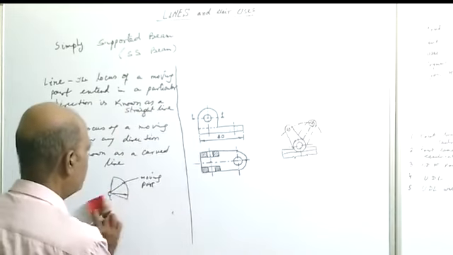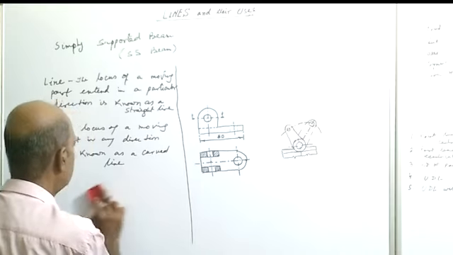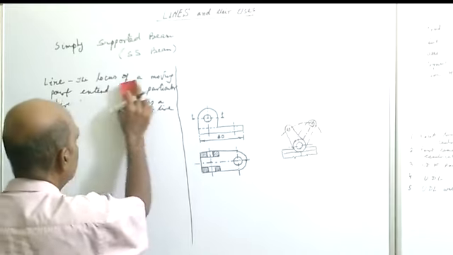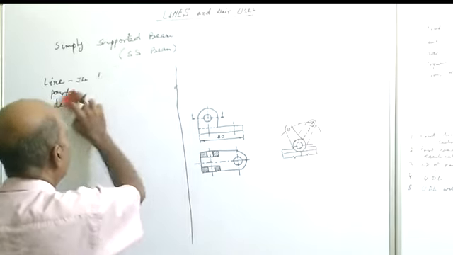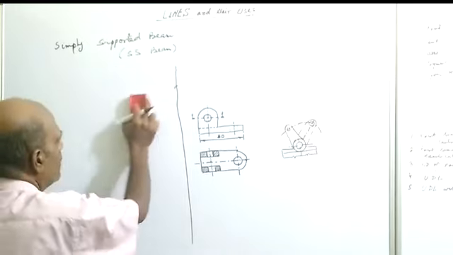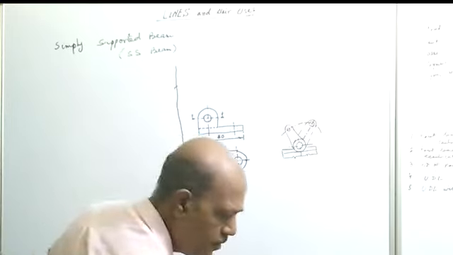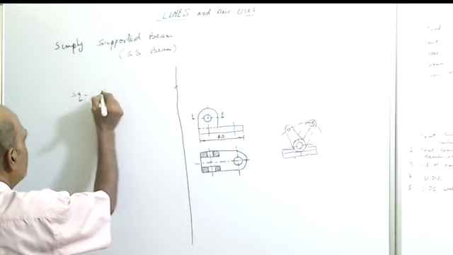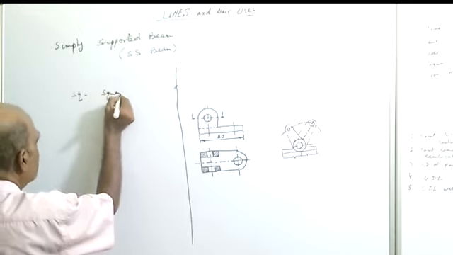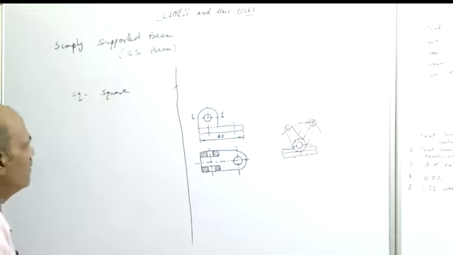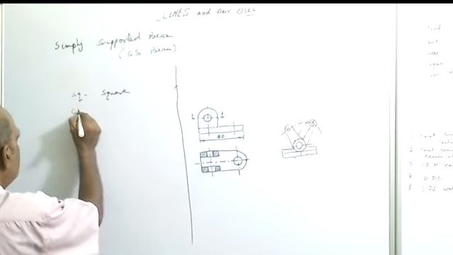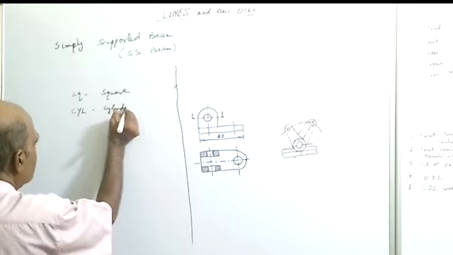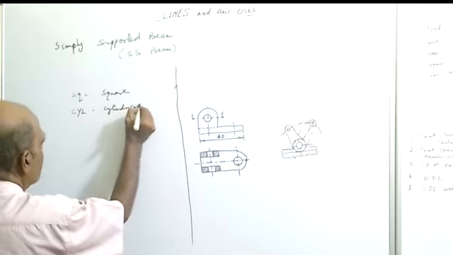Now, various symbols are used in drawings. A symbol may be used to define something, like SQ, which means square, or CYL, which means cylindrical.